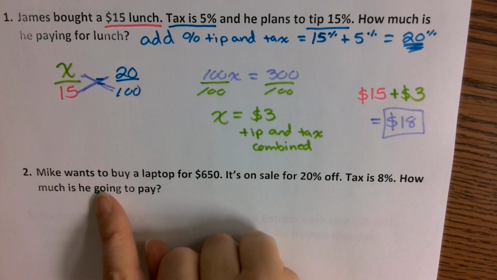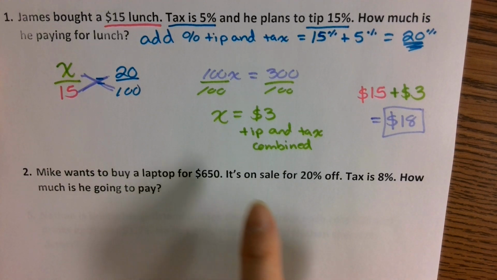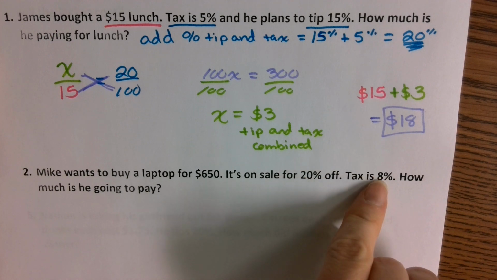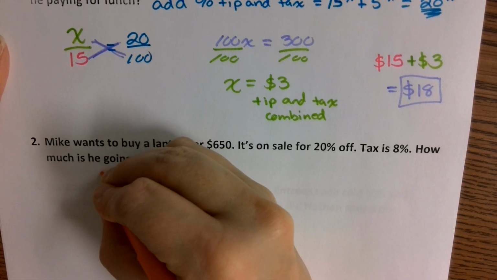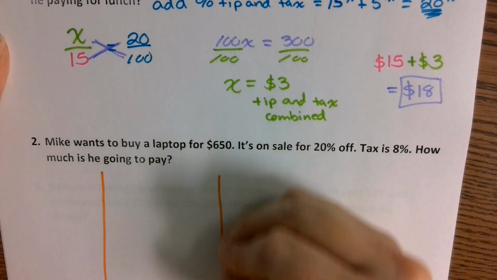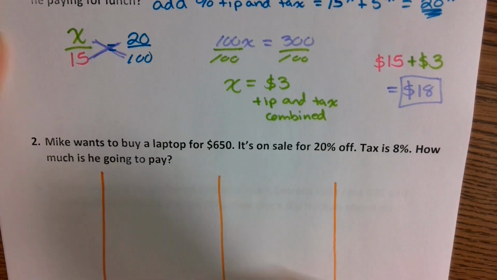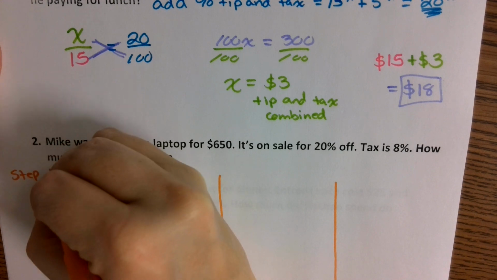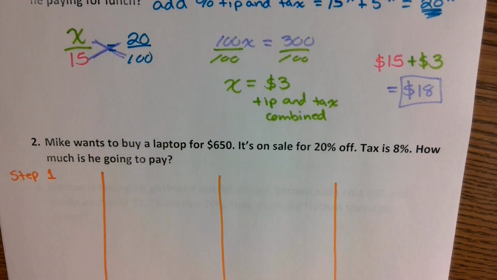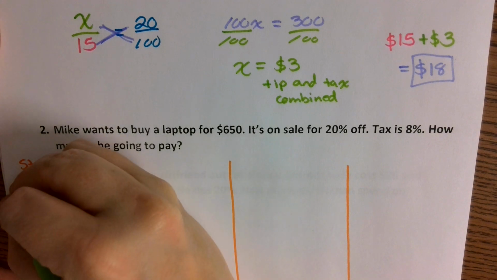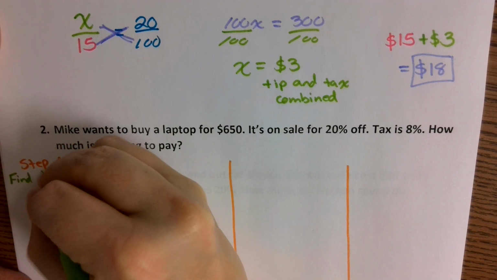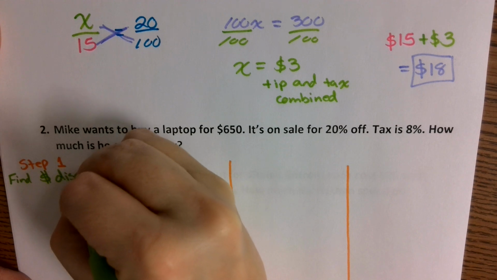Problem 2, that's a little bit more difficult because it's a discount and tax. So you have 4 steps that you need to work through. So go ahead and divide your paper into 4 columns. Step 1, as I said before, you're going to find the money amount of your discount.